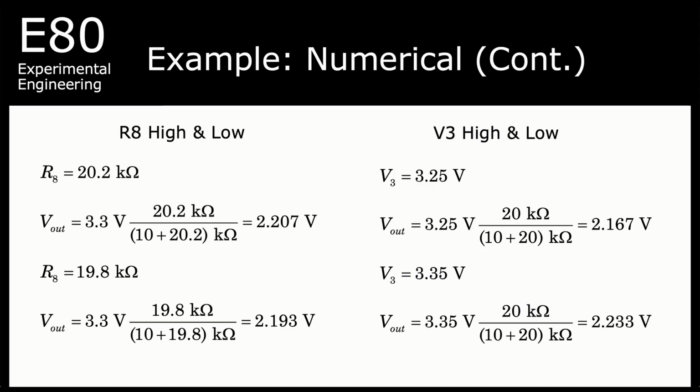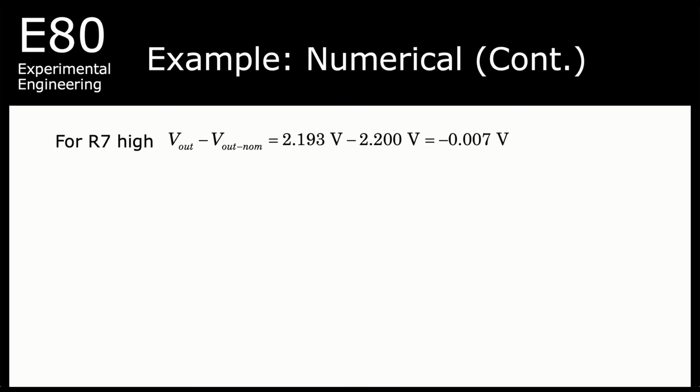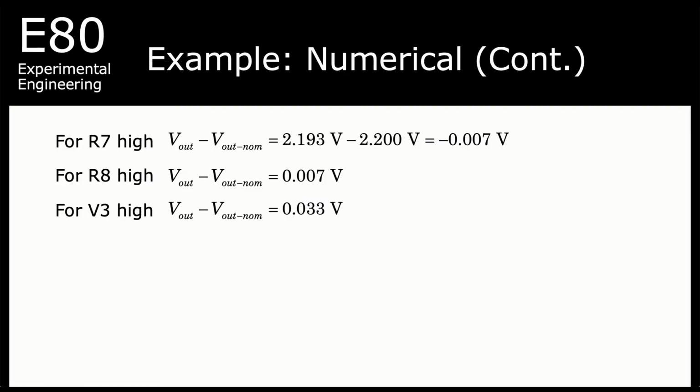Calculating the errors for the maximum in the confidence interval, we get negative 0.007 volts, 0.007 volts, and 0.033 volts for R7, R8, and V3 respectively.